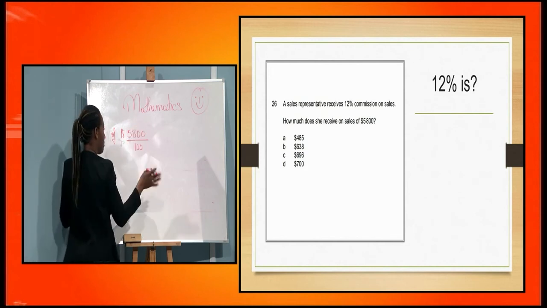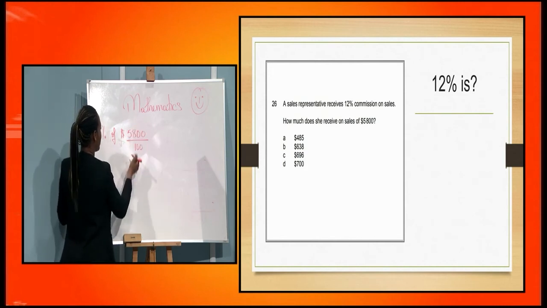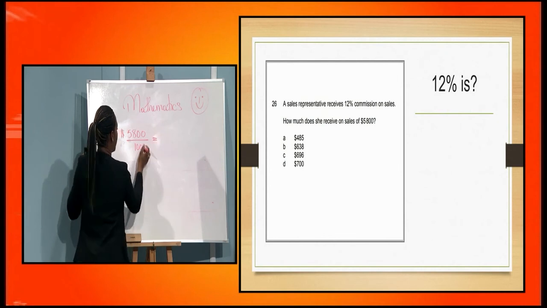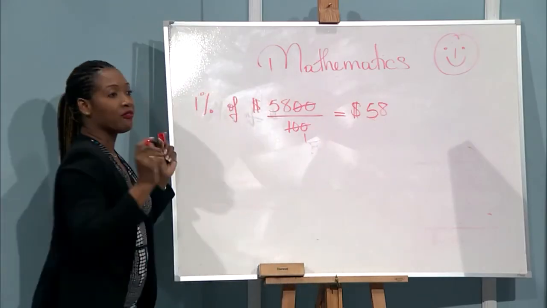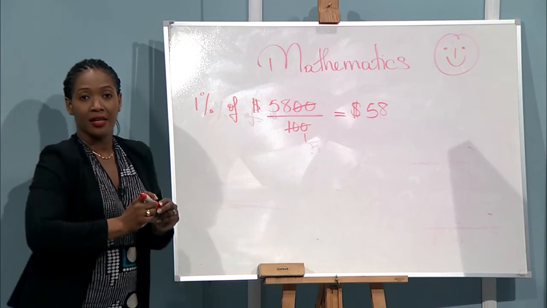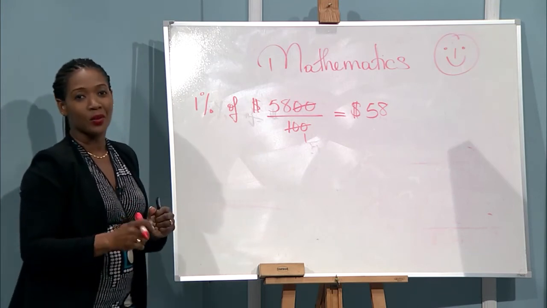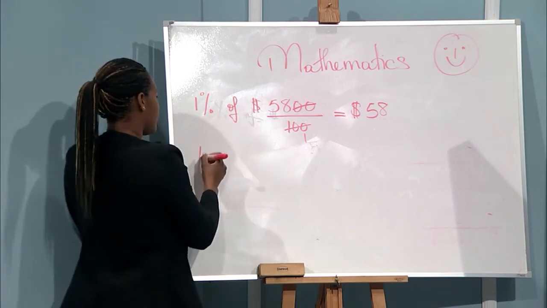So if I divide by the full percentage, I will get 1%. All right, 100 into 5,800 goes 58. So what I'm saying, if 1% is $58, I can definitely multiply by 12 to give me what 12% is.